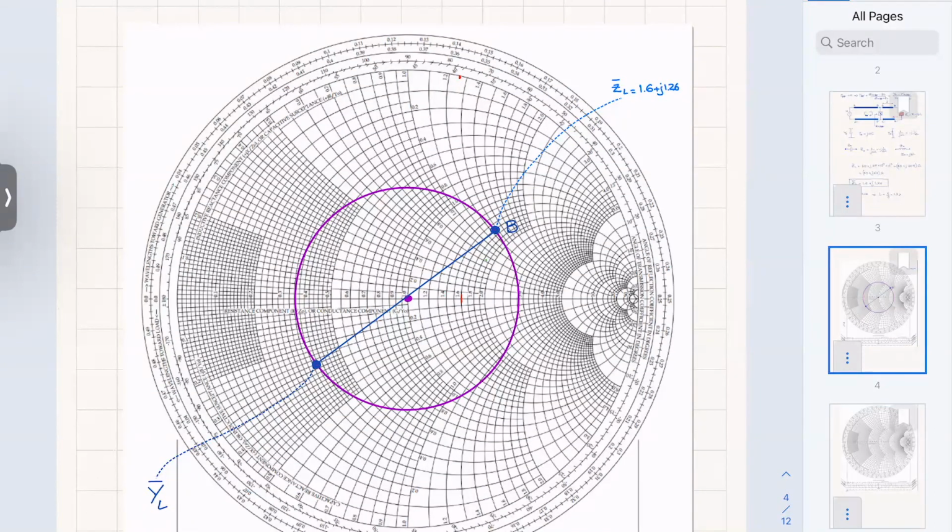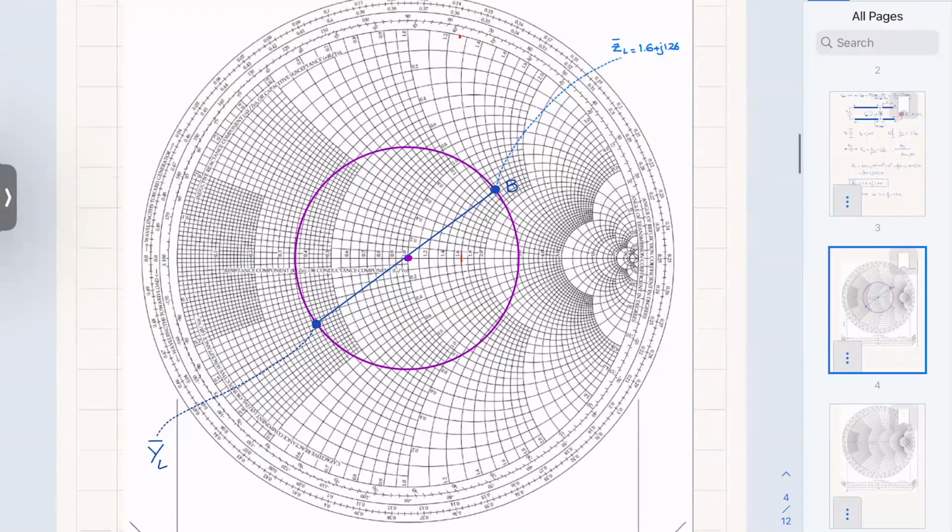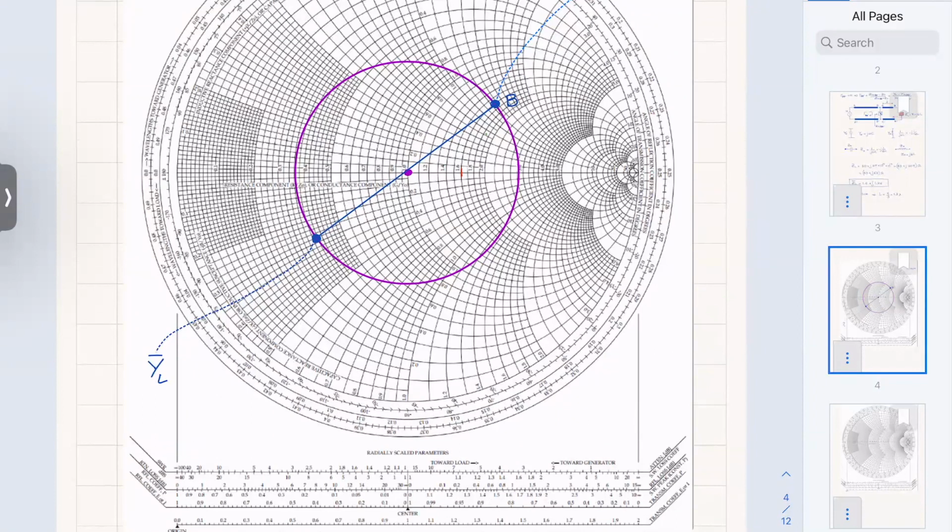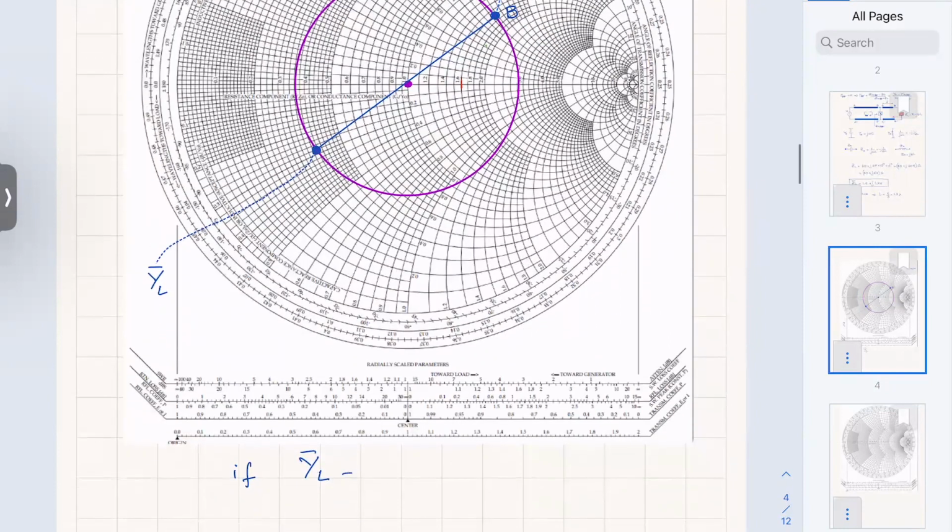If Y input at BB prime becomes Y0, that means that normalized Y input at BB prime is going to become 1.